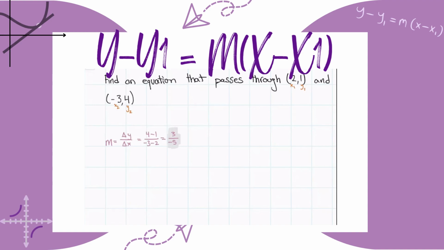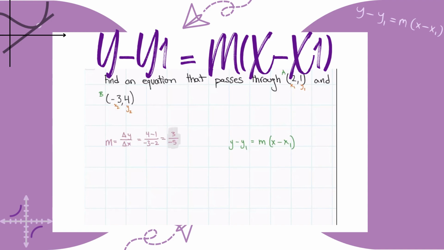No, because what I need to do is either use point 1, I'm going to call this A, or use point 2, I'm going to call this B, in order to figure out what my equation is. So do you want to use point 1 or point 2? Point 1. Okay, so then I have y minus y1 equals m times x minus x1. This over here is just a formula, okay? Does that make sense?